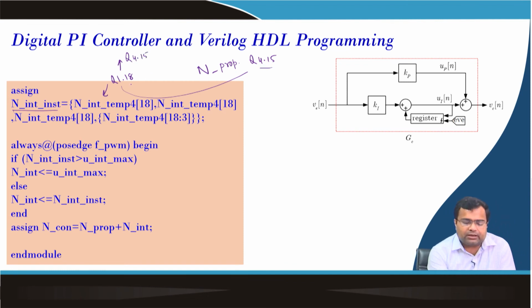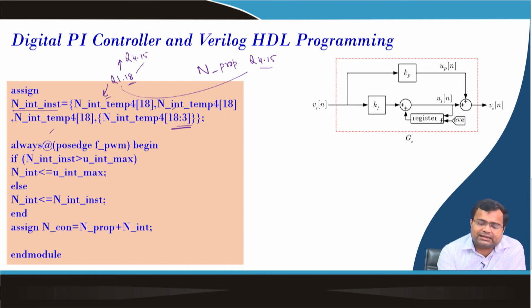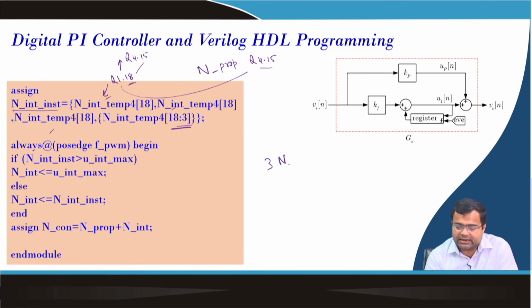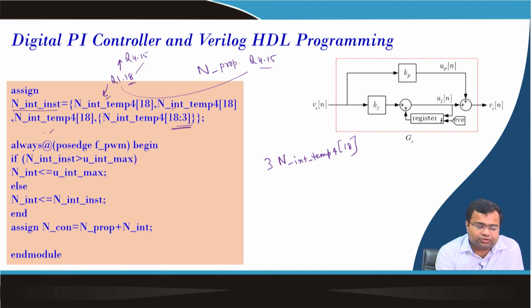So, for this bit we can simply discard 3 LSBs, and another 3 MSBs we can do sign extension, and this is what we are doing. So, we are manually extending 3 times, but it can be done in one step with the initial temp 4, but somehow this was not working. So, we just make it 3 times repeatedly. So, this is your instantaneous value, and this now becomes Q4.15.